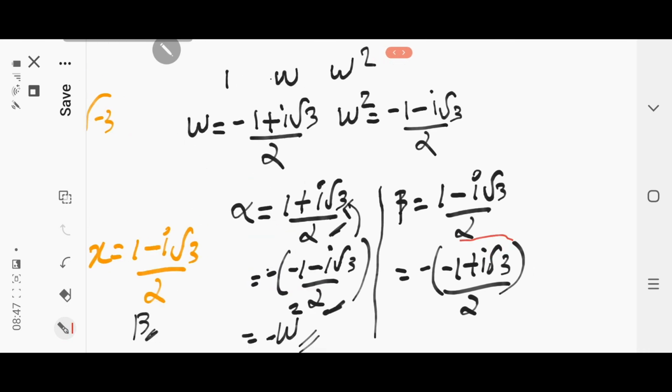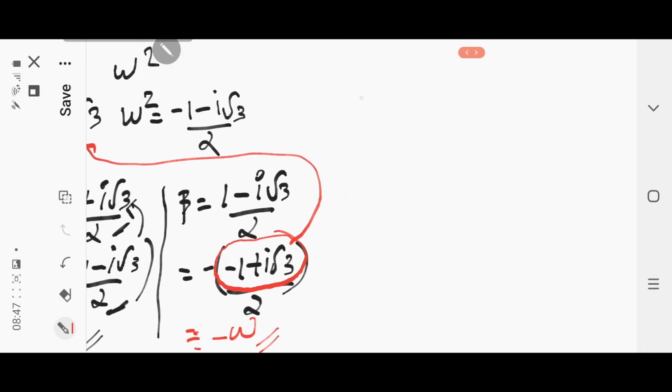Here, minus 1 plus i root 3 is omega. So we can write it as minus omega. From this section, we got that alpha is equal to minus omega square and beta is equal to minus omega. These are the two results that you get for alpha and beta.